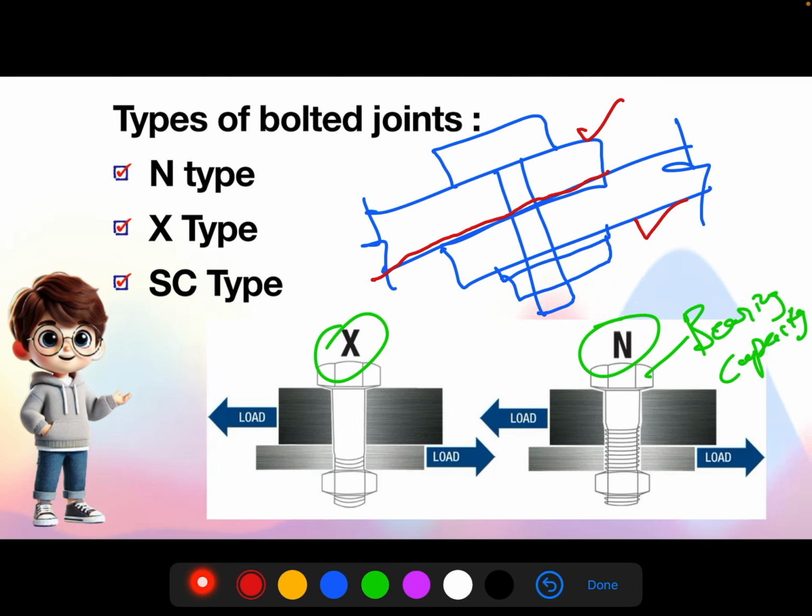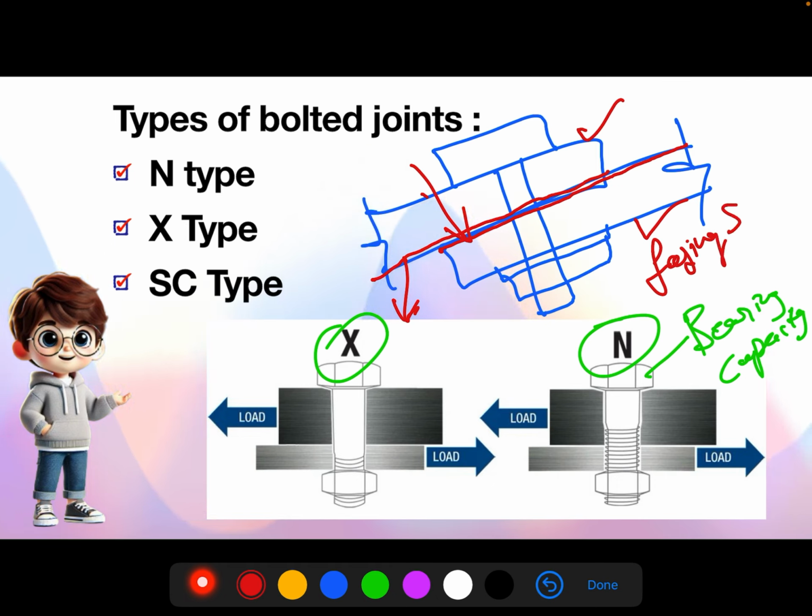And this is also one more steel piece and this surface is connecting to adjacent steel. We call these two surfaces faying surfaces. In slip critical condition, these faying surfaces will be prepared with some friction on the surfaces.